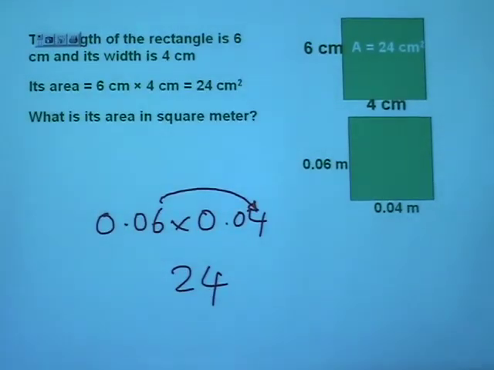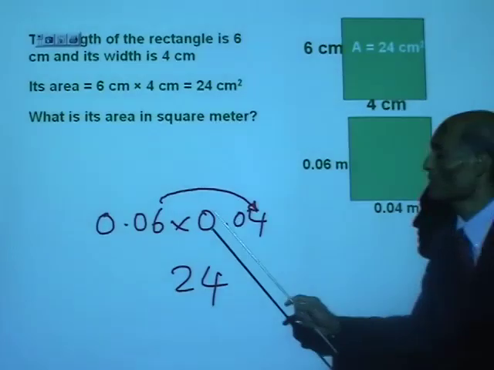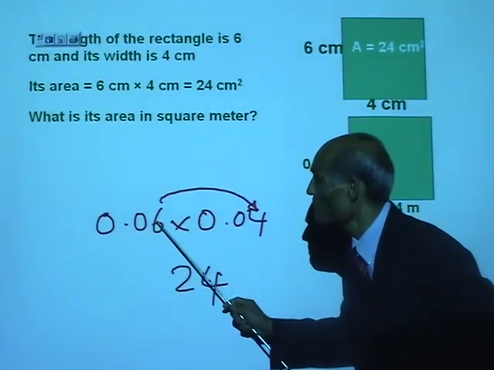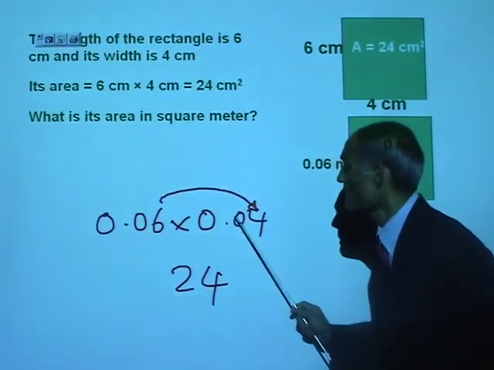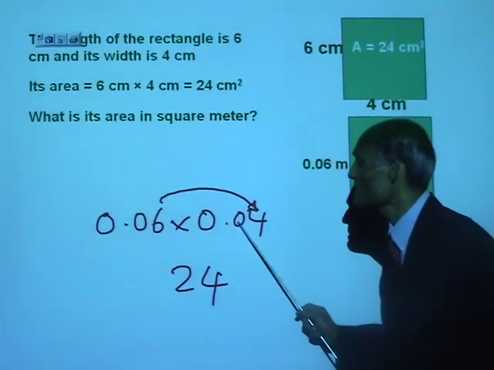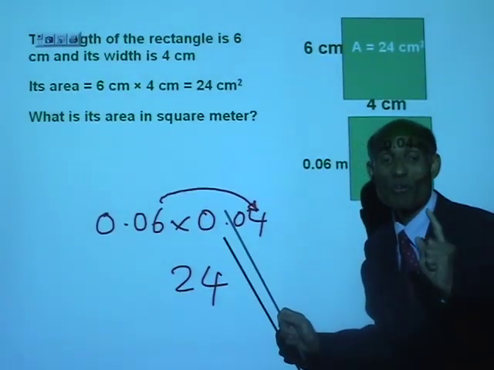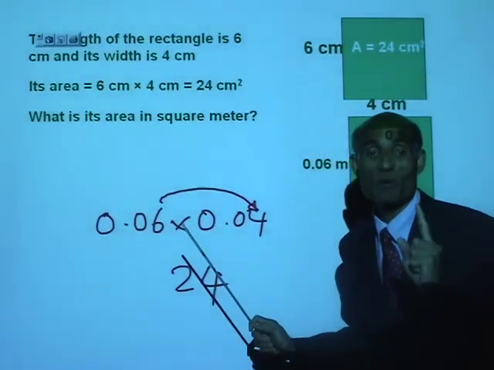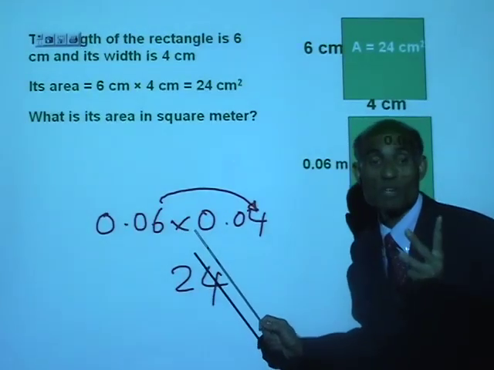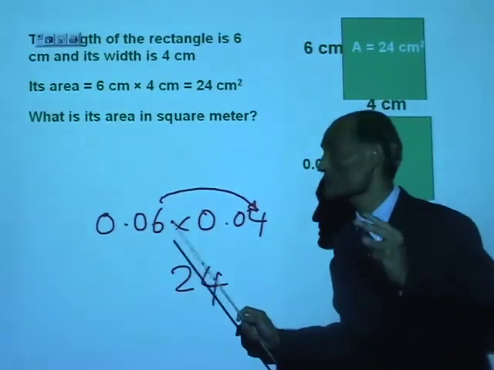Now, there are 2 decimal places in the first number and 2 decimal places in the second number. Therefore, the result of the multiplication must contain a total of how many decimal places?